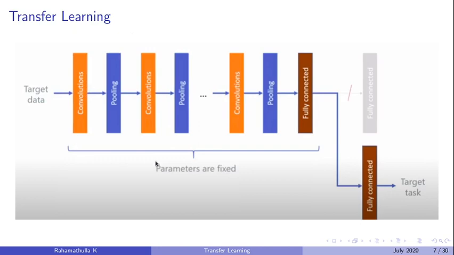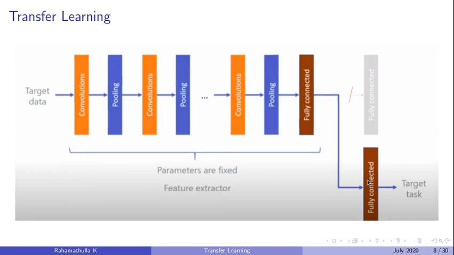So the parameters are fixed here. There is no change, or you are not going to learn anything in these layers. What you are going to do is you are going to learn only in this layer. So these layers are actually extracting the features which are required.